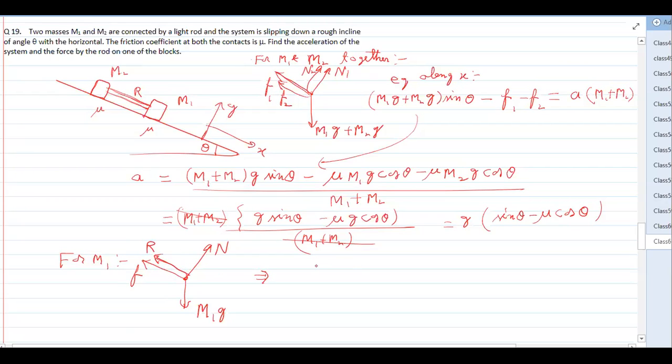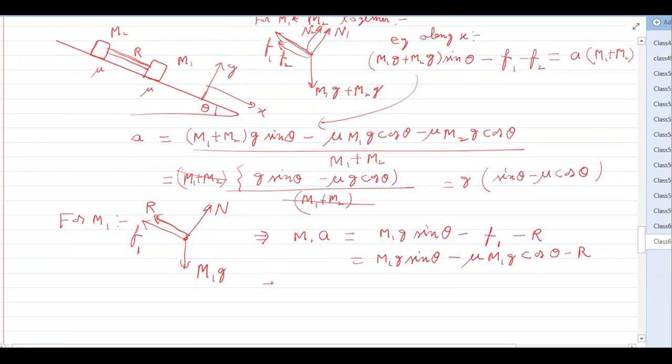If we write the equation, M1a equals M1g sin theta down the incline, minus friction F1, minus reaction force R, where F1 is mu M1g cos theta.